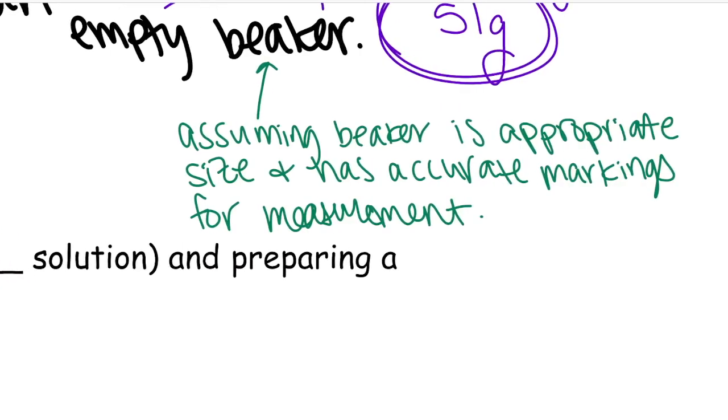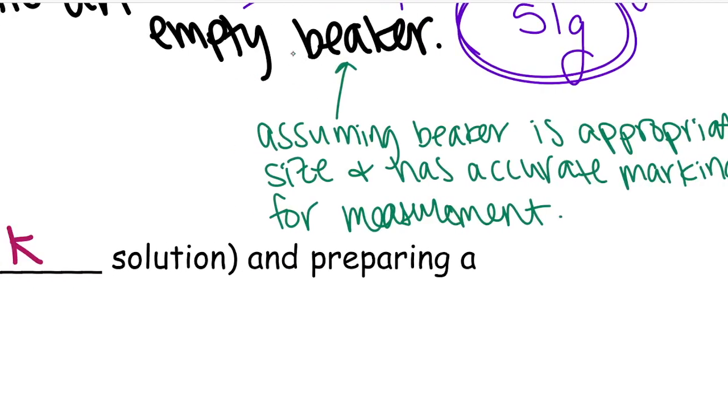So we would measure into an empty beaker, but specifically the beakers that we have access to in our labs, in general, we don't measure in because the markings are not very accurate.